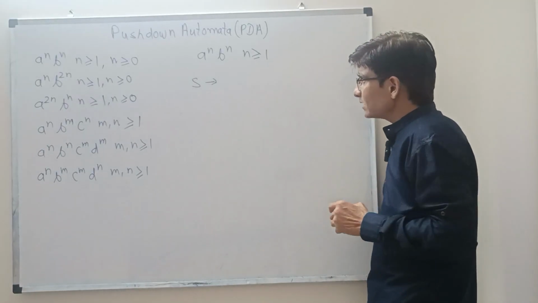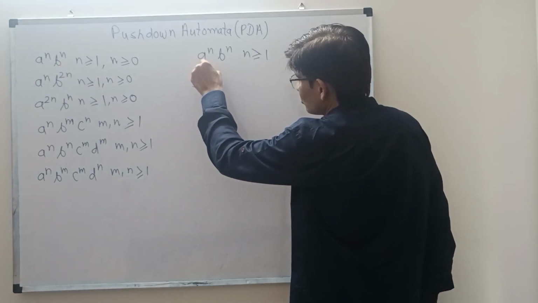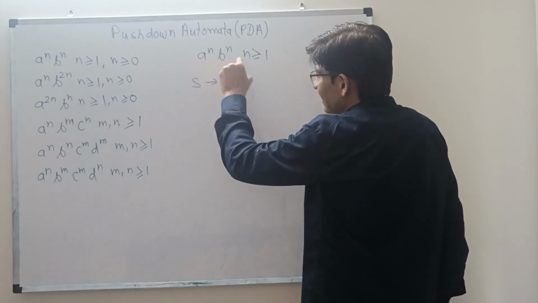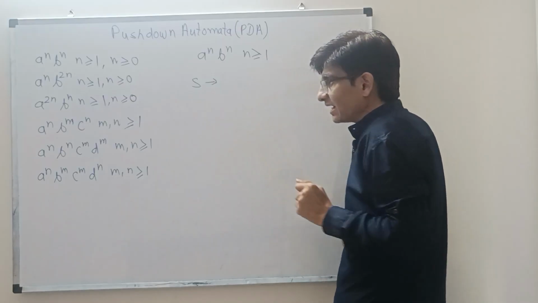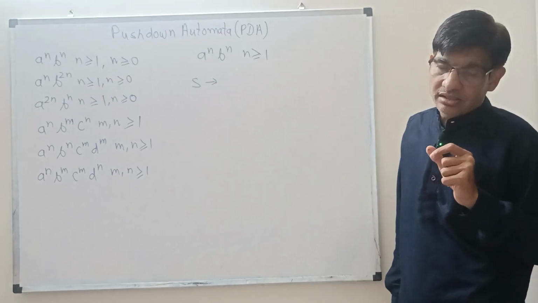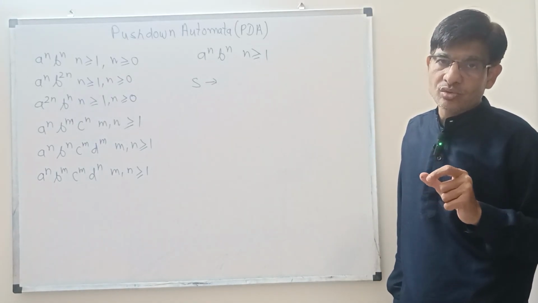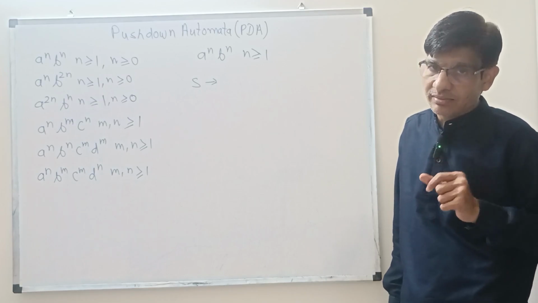Now one more thing here, as we need to have an equal number of a and b, both a and b must be generated in the same production rule. Otherwise we cannot have any control on the number of occurrences of a and b.